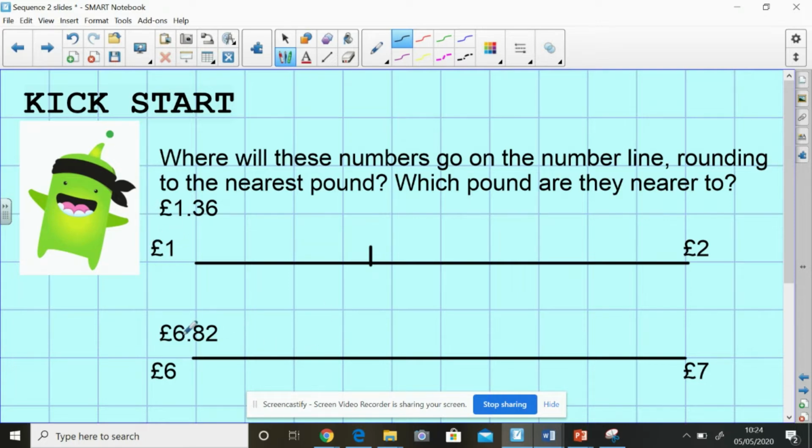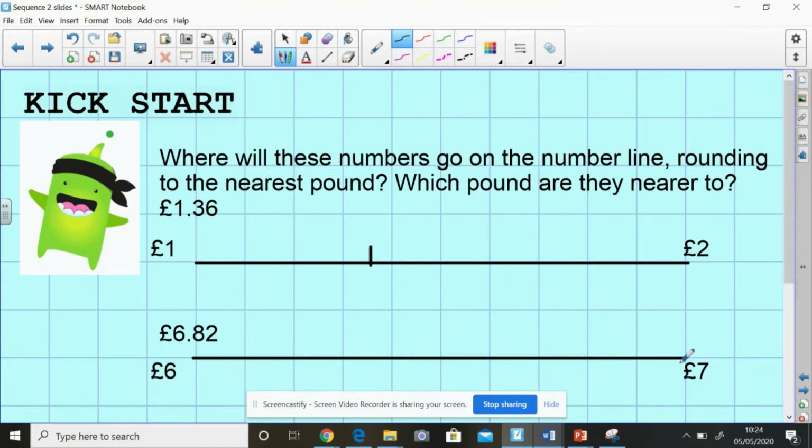Next one is £6 and 82 pence. We need to think, whereabouts is this going to go on our number line? We know that £6 and 82 pence comes in between £6 and £7. And again, this number line jumps up in 10s: 10, 20, 30, 40, 50, 60, 70, 80, 90, 100.